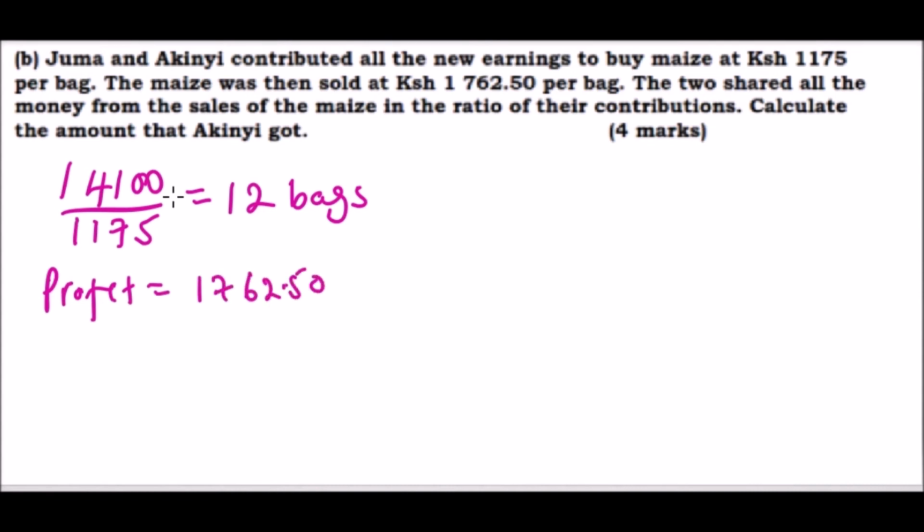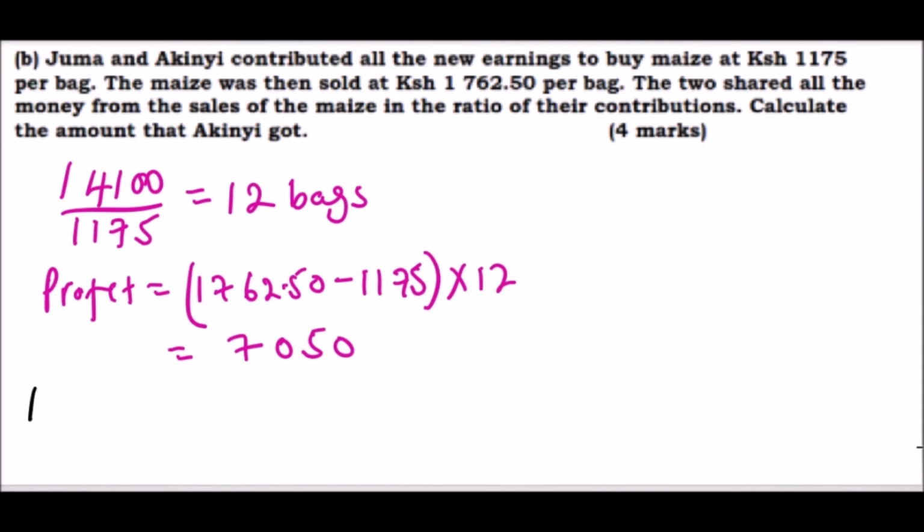You minus the buying price, which is 1,175, that is the profit per bag, and you multiply by 12 bags, and using a calculator you will be able to get that they got 7,050 shillings. That is what you get when you compute that. Now we can get the ratio of their contribution.